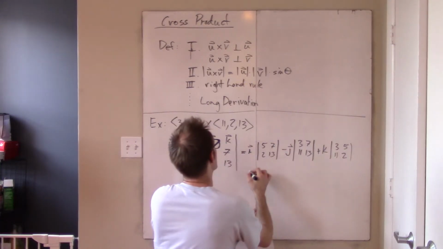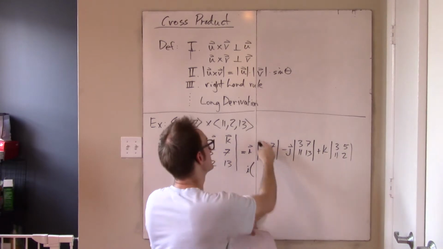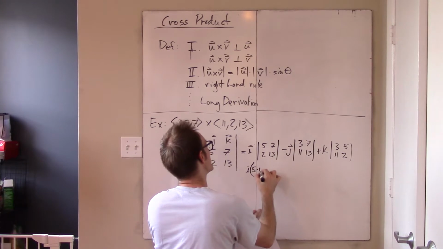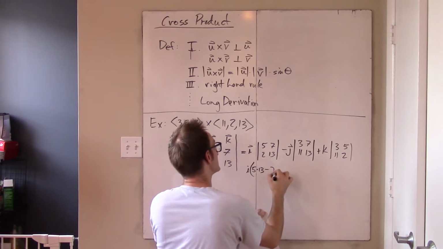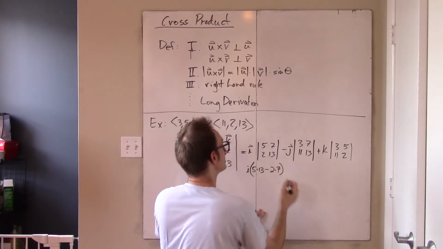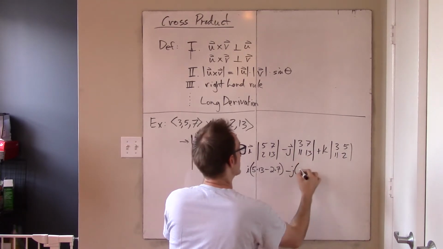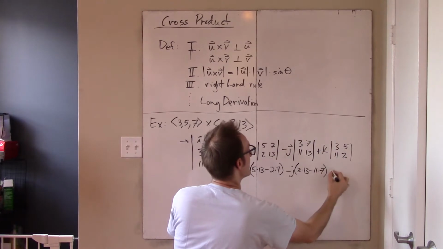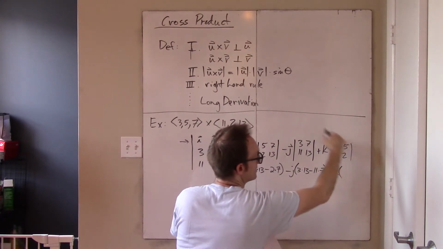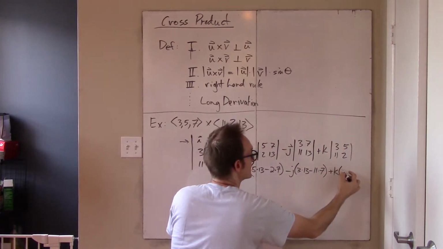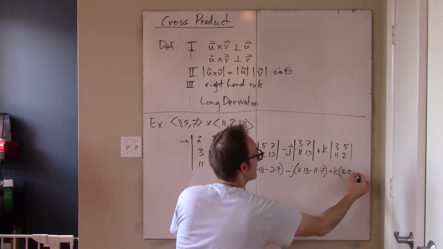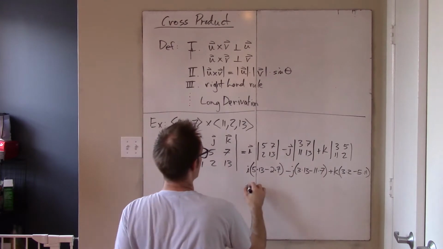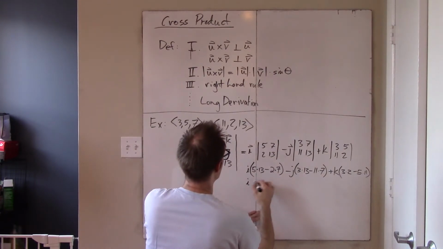With these weird little boxes, I do diagonal multiplication. So I do 5 times 13 minus 2 times 7. And 3 times 13 minus 11 times 7. And going from top left to bottom right, 3 times 2 minus 5 times 11. Okay, and now just some glorious arithmetic here.